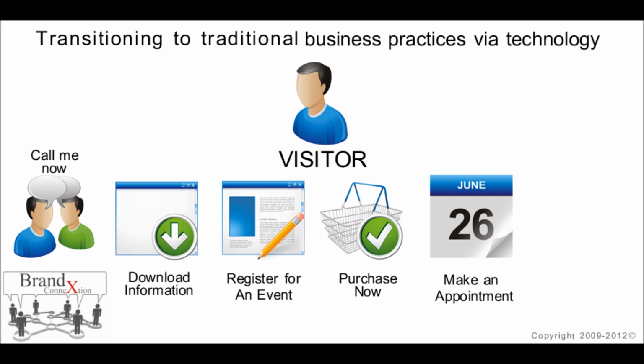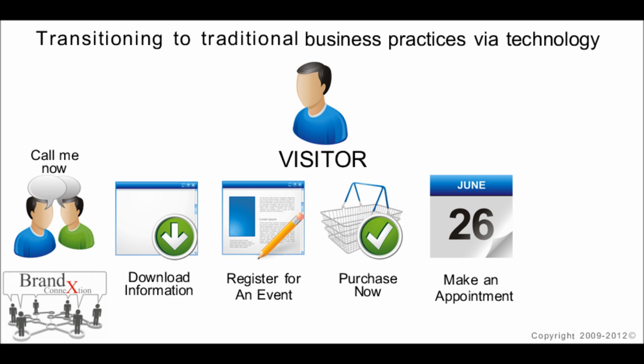And our technology makes it easy for visitors to take the right next step and really choose what's right for them. So what we need to do is transition them to a traditional business practice like Call Me Now, download information, register for an event, purchase now, like we talked about earlier, where we take them straight into a shopping cart, make an appointment.